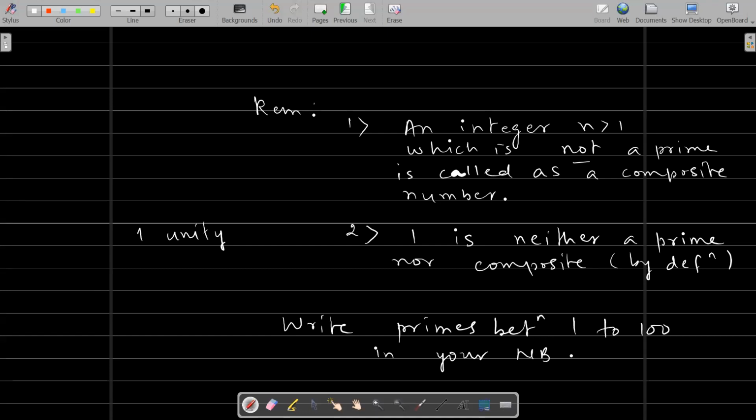Siddharth, you can count how many primes there are and write it in the chat box, not for everyone, only to me: the number of primes between 1 and 100. Got it, sir. I counted. I'm sending it right now. Yes. Yeah, that's correct. Thank you, sir.